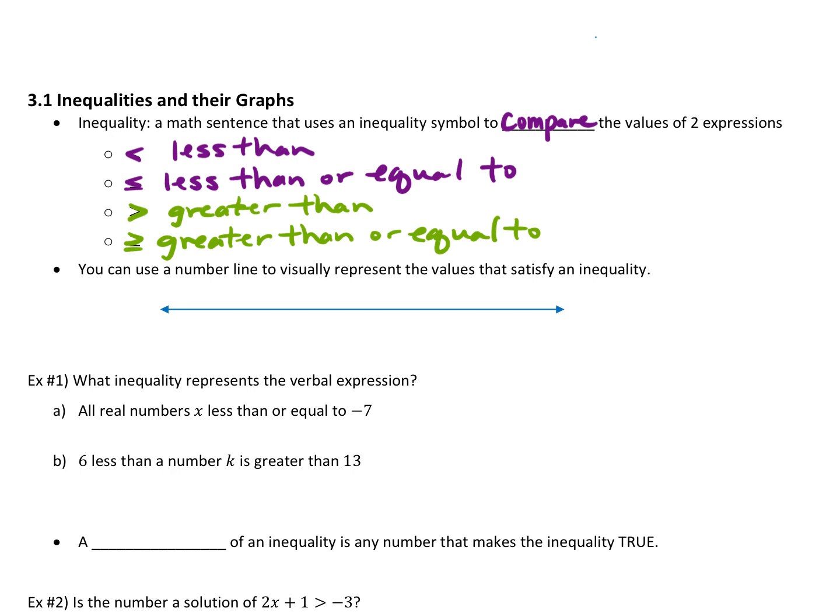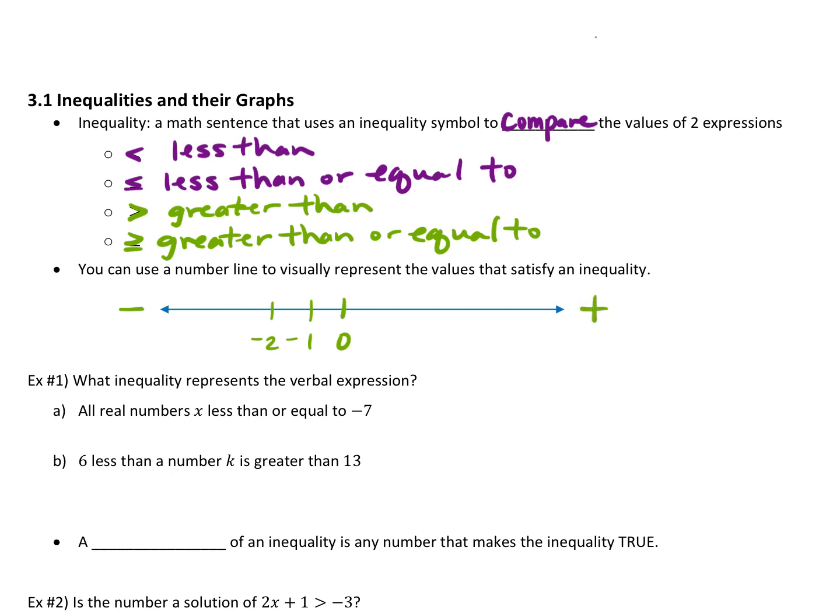So typically we use a number line to help us visualize what's going on with an inequality. The thing that I tend to care about with a number line is where you are in relationship to 0, okay? If you're moving to the left of that, that's your negative side, so -1, -2, so on and so forth.